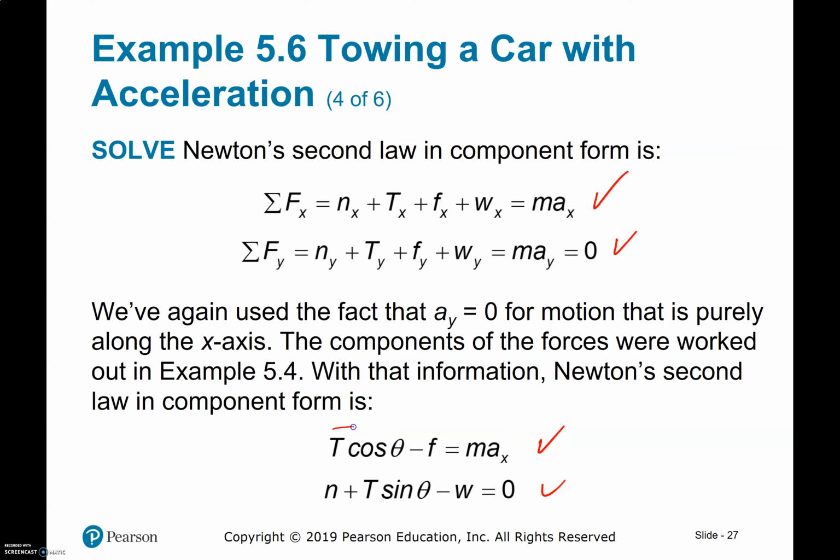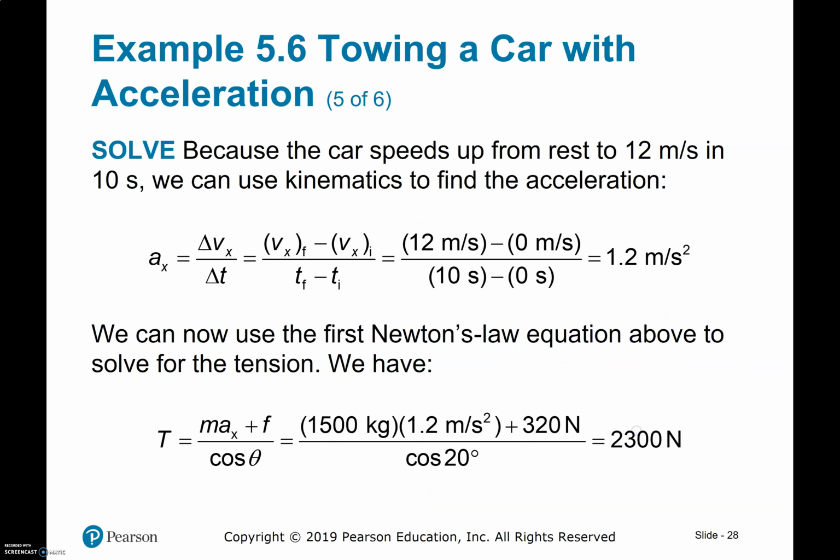So we have the x component of the tension minus the friction is equal to mass times acceleration, and the normal force plus the y component of the tension minus the weight is equal to 0. We want to find the tension, so we only need to use the first equation.